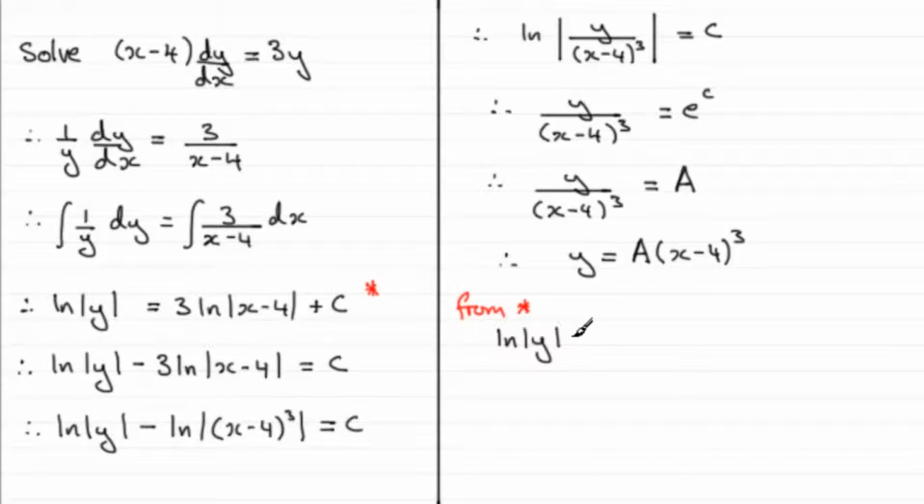Natural log of y equals 3 natural log of the mod of x minus 4. But instead of writing plus c, what you'll often see done is some people will write plus the natural log of a constant. Let's say k if you like, or a. It's up to you, you can use anything you like. This will be a constant value as well.